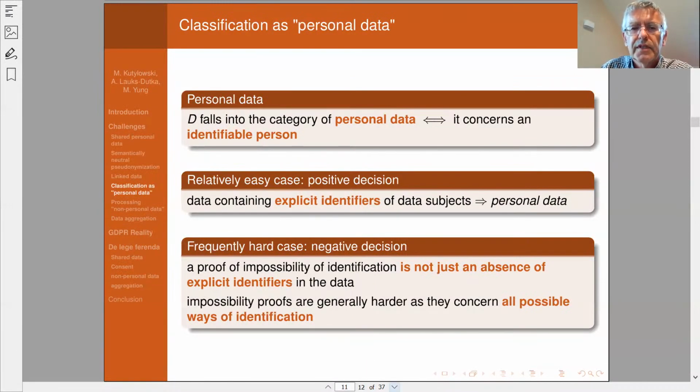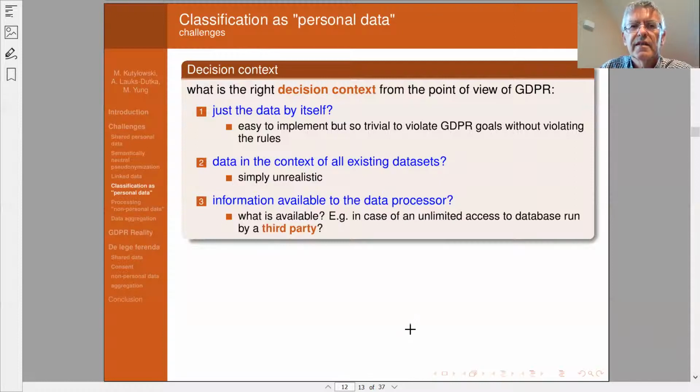Taking a context is problematic because maybe we take the data set itself, but then it will be a joke because splitting data into two separate databases would exclude any effect of GDPR. So the second option is all existing databases, data sets.